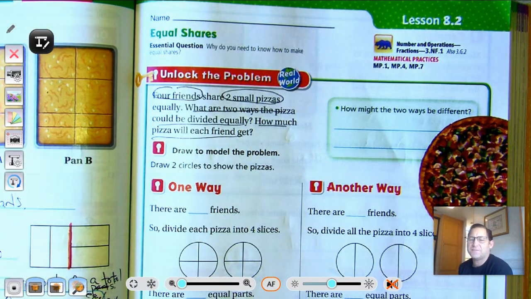So how might the 2 ways be different? Well, I think if you divided the pizzas differently, the size of the equal shares might be different.